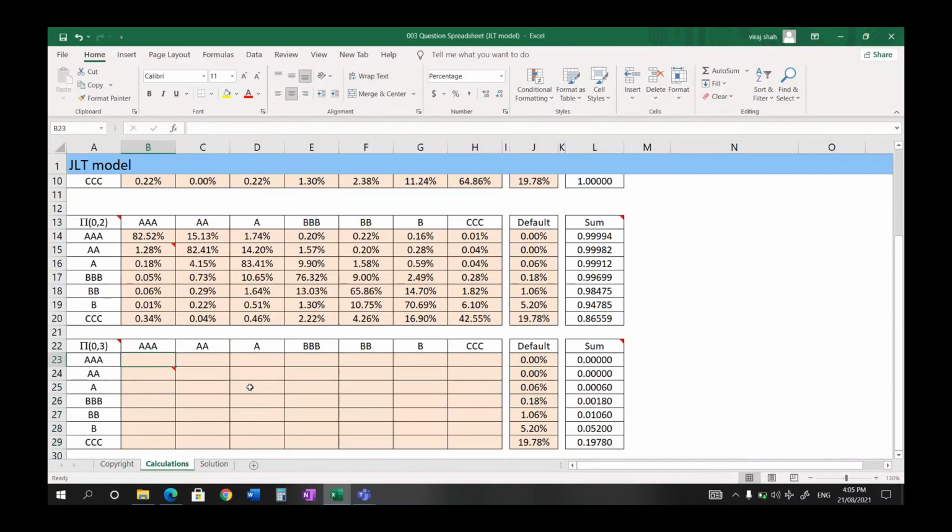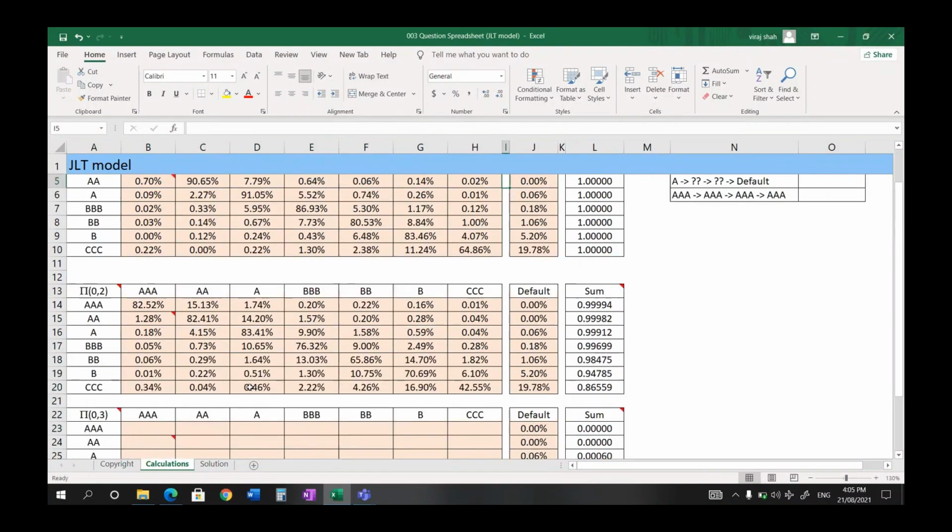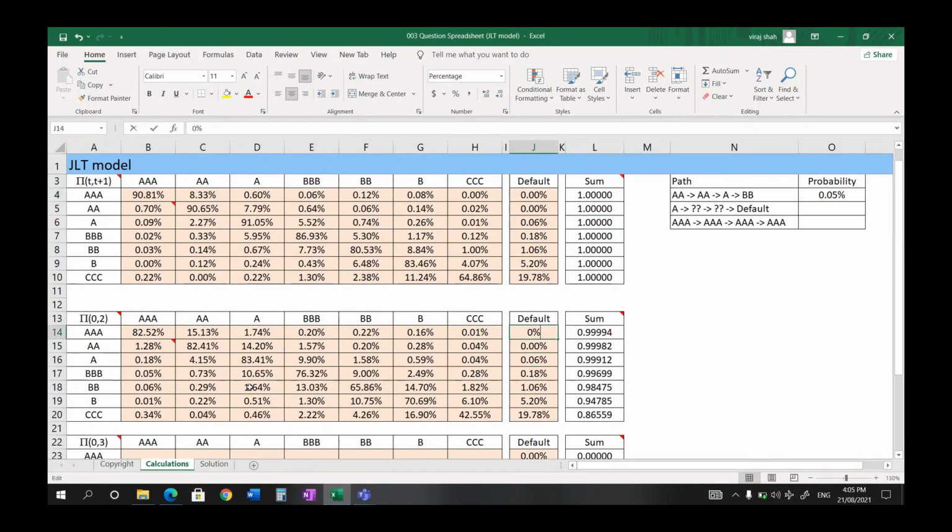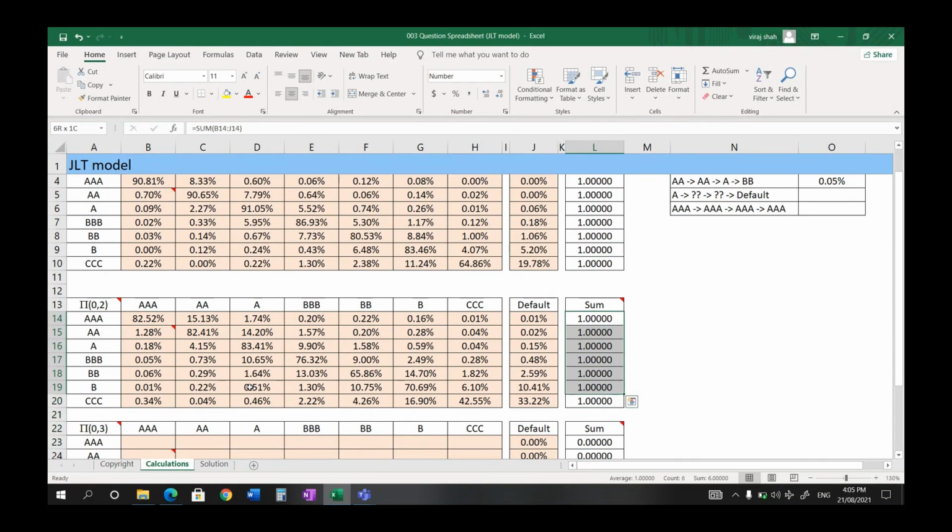How to calculate the values? One second. The sum of the probabilities should be equal to 1, but that isn't happening. So what I will do is put the default probability as 1 minus the sum of these, indicating the probability of defaulting from A. So now you will get your sum as equal to 1.